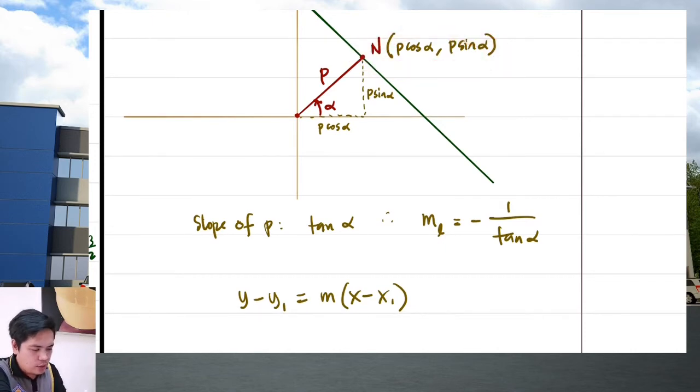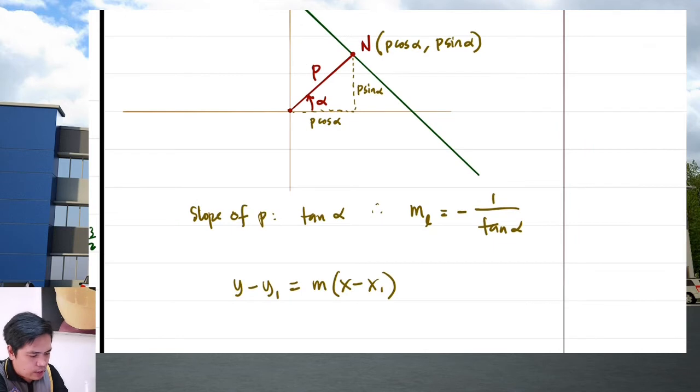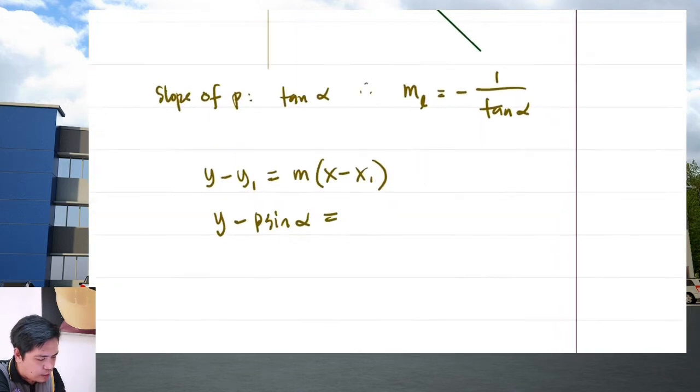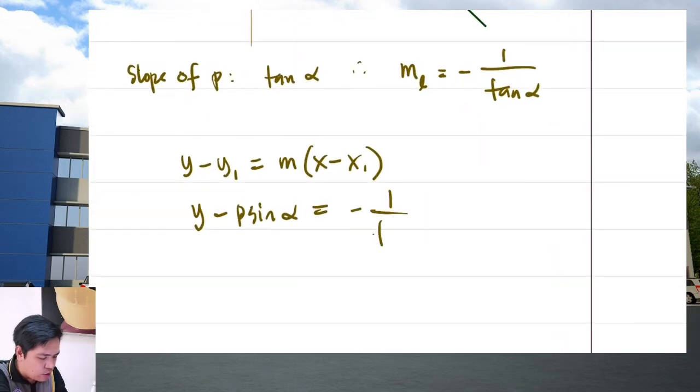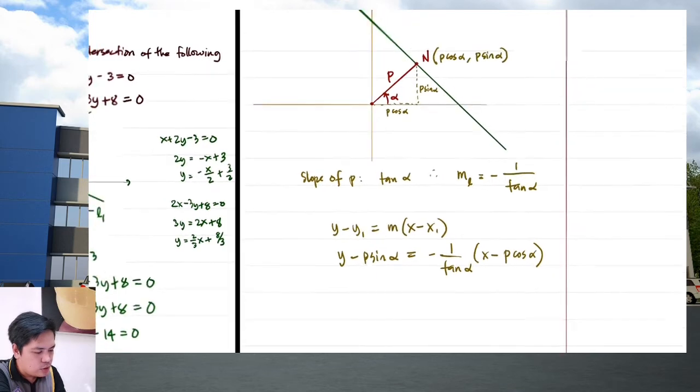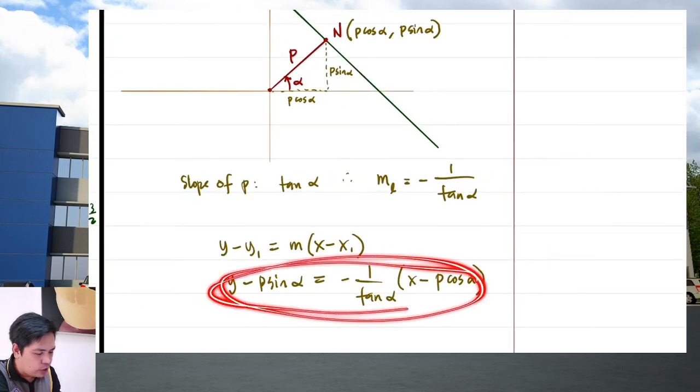Okay? So therefore, we'll have y minus p sine alpha equal to m, which is negative 1 over tangent alpha, times x minus p cosine alpha. So this equation describes line L.